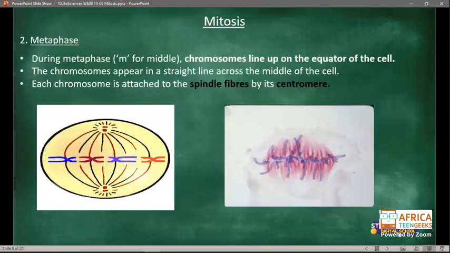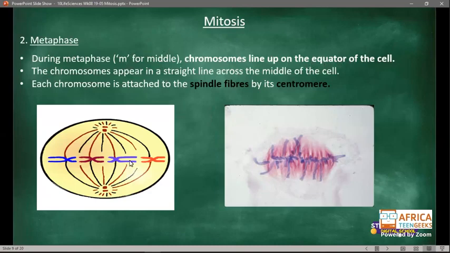Then we have metaphase. During metaphase, you can remember this by saying M for middle. The chromosomes line up on the equator of the cell, hence I said M for middle.